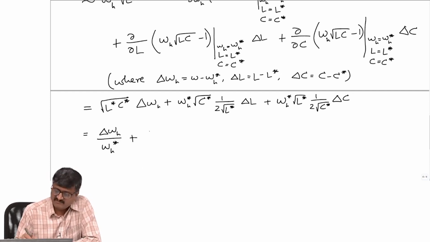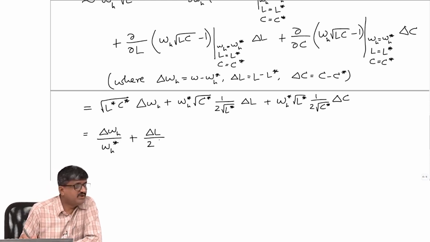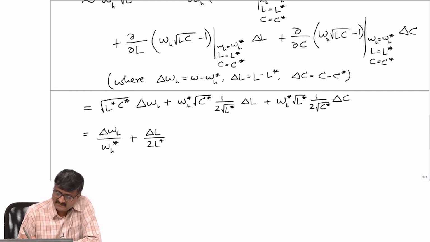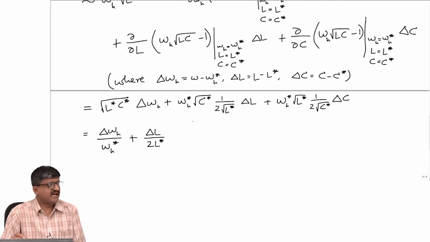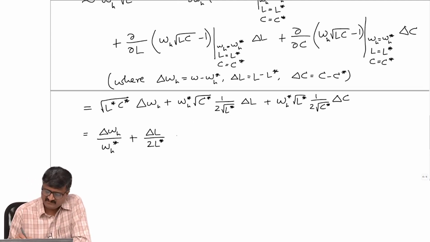Delta L by 2 L star, because omega h star is 1 by root L star C star. Similarly, the third term is delta C by 2 C star.